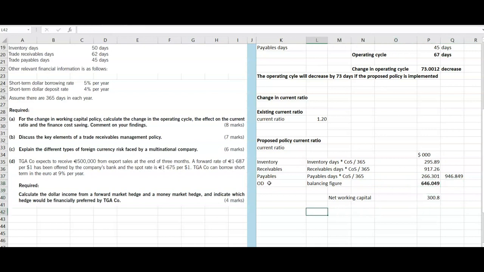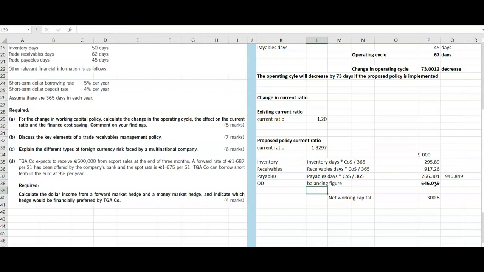Now we'll find out the current ratio. Our current ratio will be: open bracket, first number plus this number, that's our numerator, divided by, open bracket, this number plus this number, close the bracket, and let's see the answer. The answer comes to 1.32.